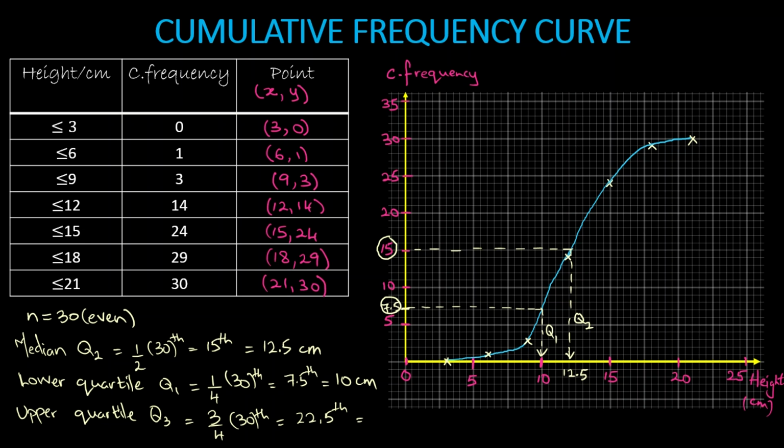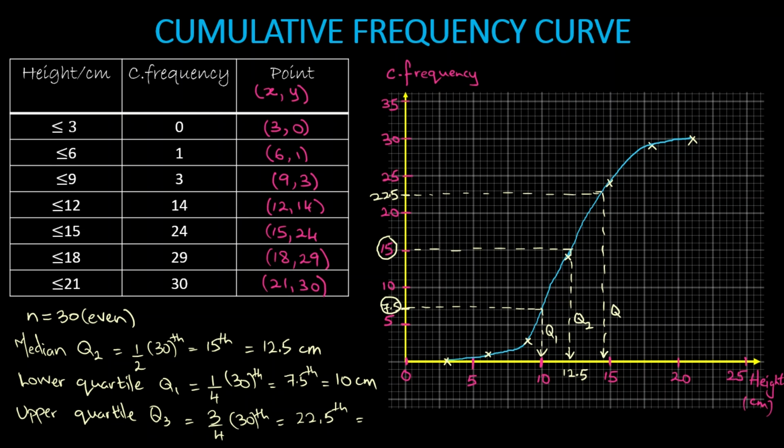We have to locate 22.5 on the CF axis. Here is 22.5, and from there again we draw a horizontal line, and we come down on the horizontal axis, right?